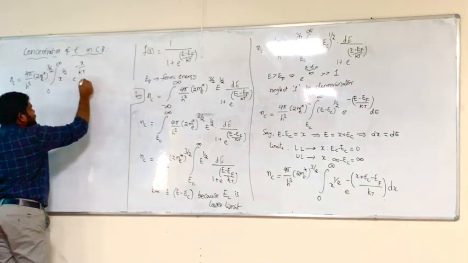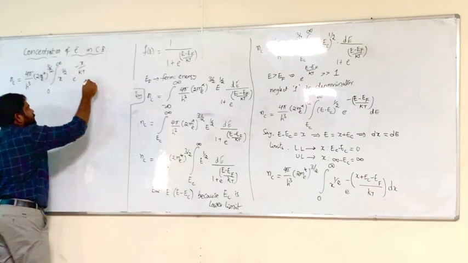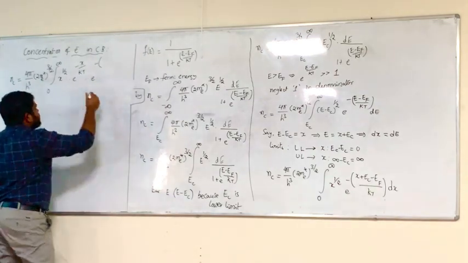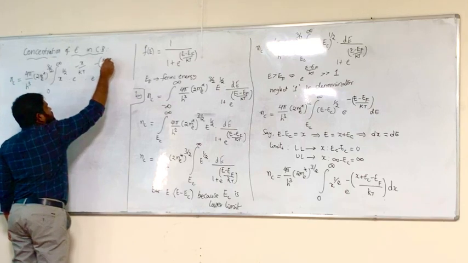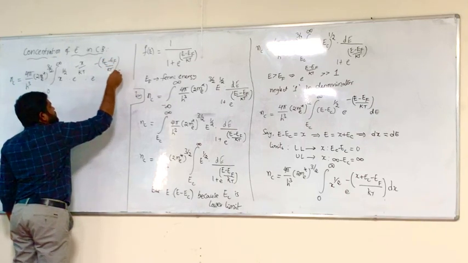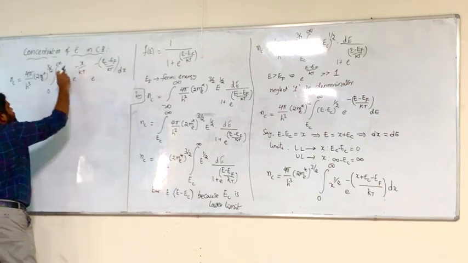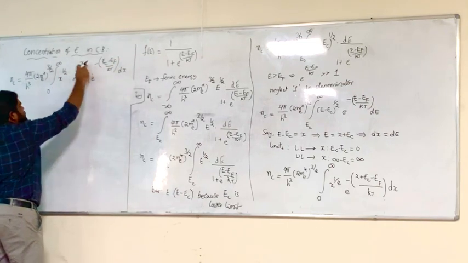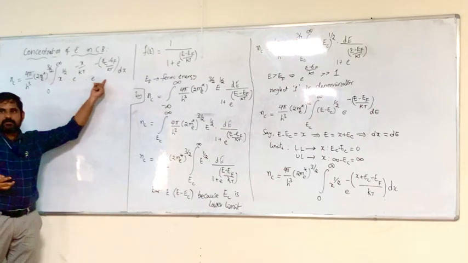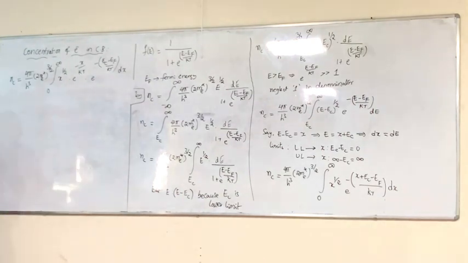Another term is e to the power minus (Ec minus Ef) by kT, and of course I am differentiating with respect to x. So now all x terms are the functions I have, and this is constant. So take that constant also outside.